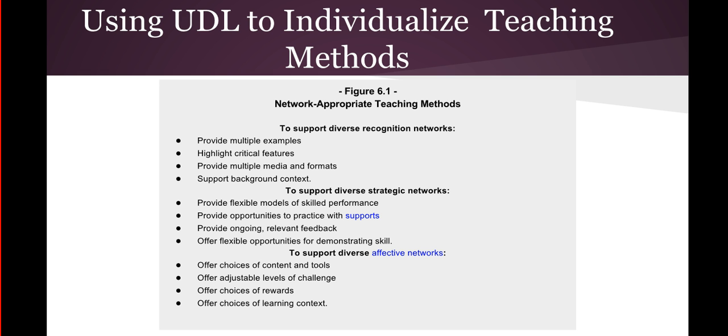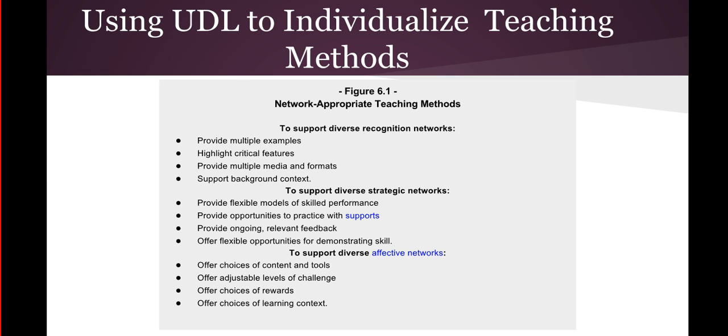To support diverse recognition networks, you might provide multiple examples, highlight critical features, provide multiple media and formats, and support background context. To support diverse strategic networks, you want to provide flexible models of skilled performance, provide opportunities to practice with supports, provide ongoing relevant feedback, and provide other flexible opportunities for demonstrating skill.